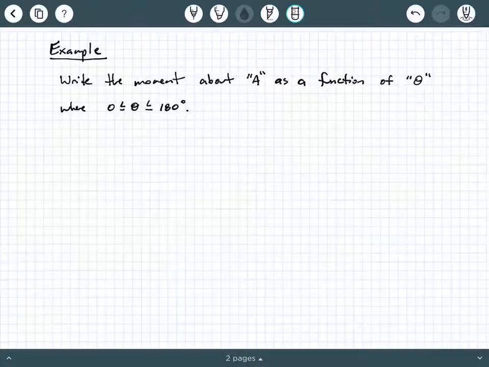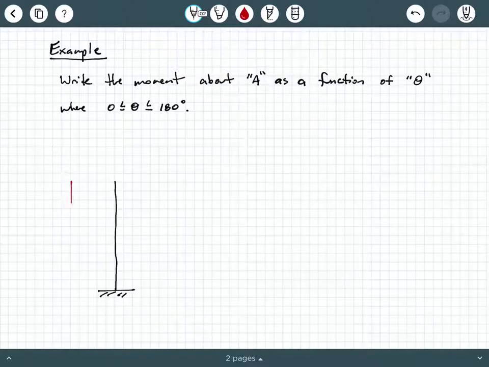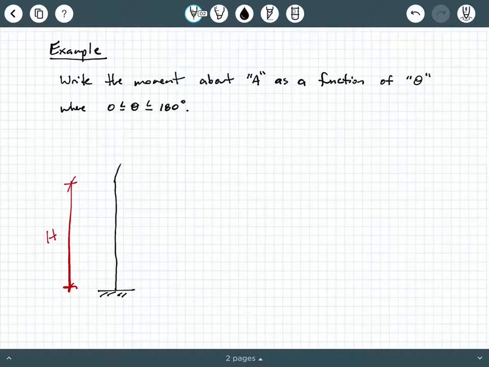to write the moment about A as a function of theta, where theta can fluctuate between 0 and 180 degrees. So I'm going to go ahead and draw our given figure here. We're going to have this vertical member that has a height of h, and then it's going to transition into a semicircle right here.